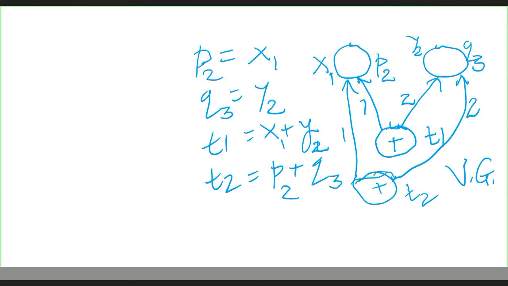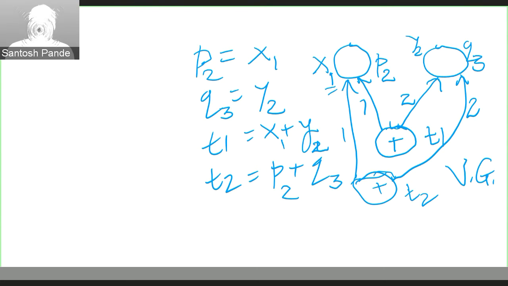Now, if that value is assigned to some other value, not only X1 will have a label to that node, but P2, because they are the same value, will get assigned like this, Y2 and Q3. Now comes processing expressions like these: we will take the first operand and find out the node label for that, right?